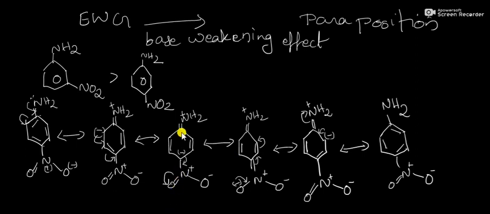Here, the negative charge is concentrated on the carbon at which NO2 group is attached. So, para-nitroaniline will be less basic.